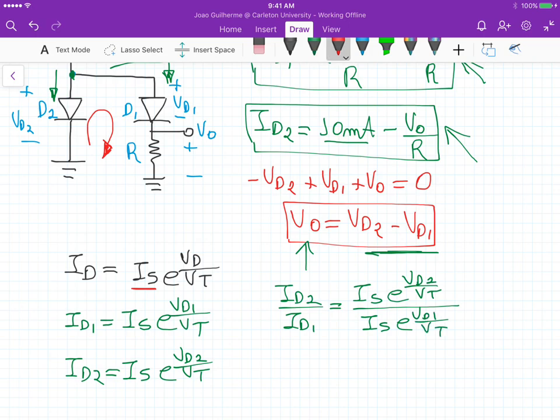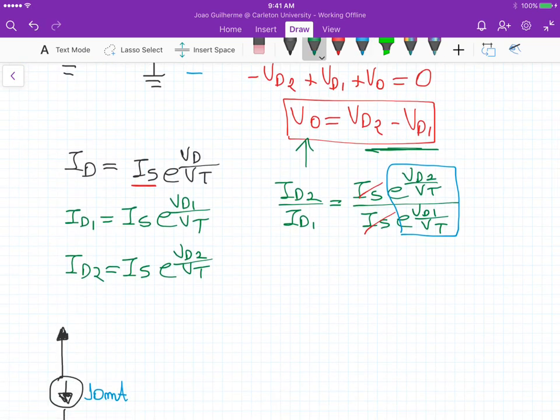Those two IS cancel, and because we have an exponential dividing another exponential, it is the same as exponential of VD2 over VT times exponential of minus VD1 over VT. Let me write that so it's clear for you.